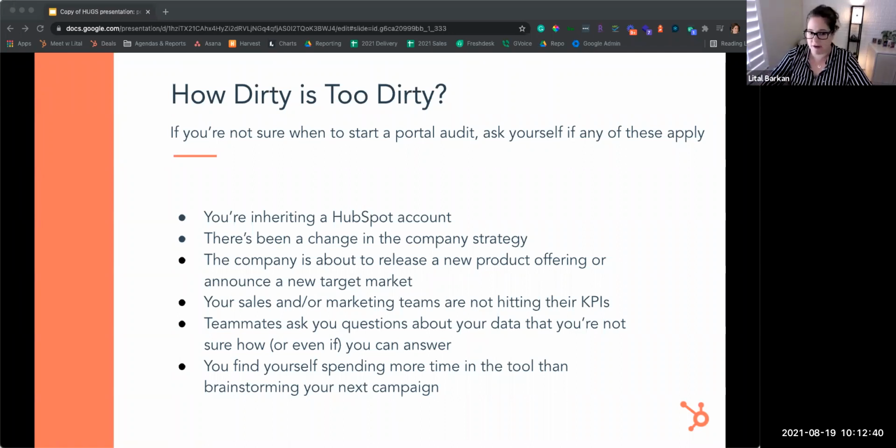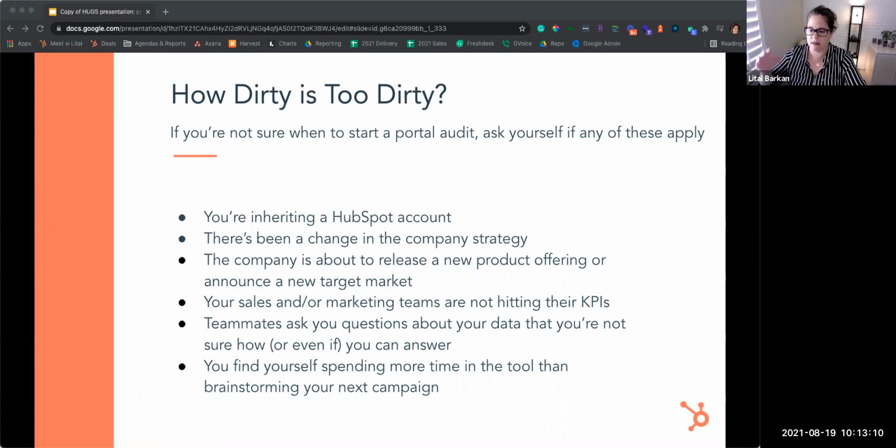So if you're inheriting a HubSpot account, like somebody wrote in the chat, they just did. Bethany just took over a new instance. Good time to do a portal audit. If there's been a change in your company's strategy, or if you're about to release a new product or announce a new market. Big one for me is when sales, marketing, or both are not hitting their KPIs, especially when that's out of the ordinary.